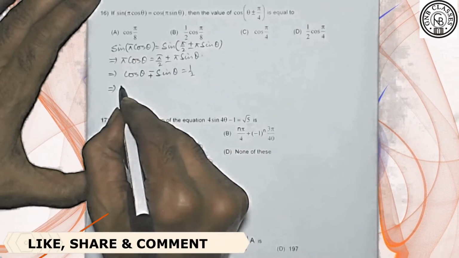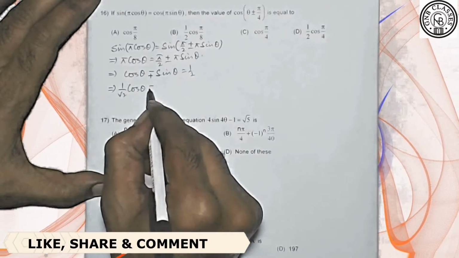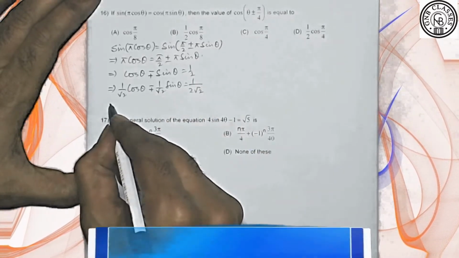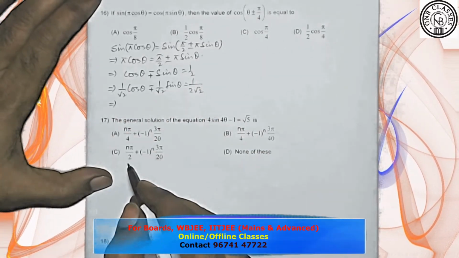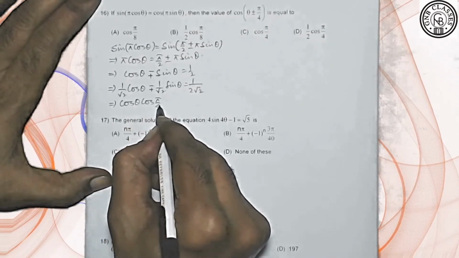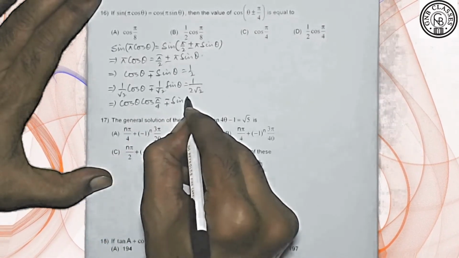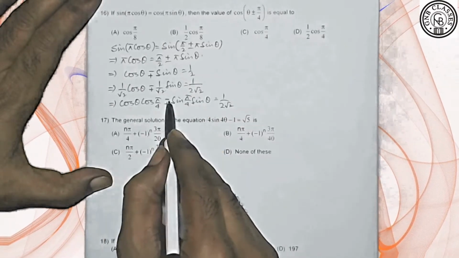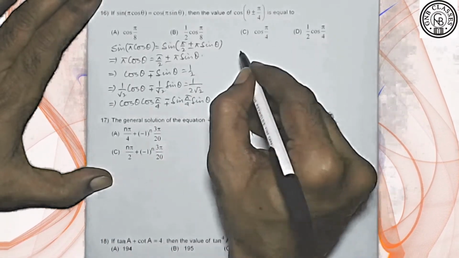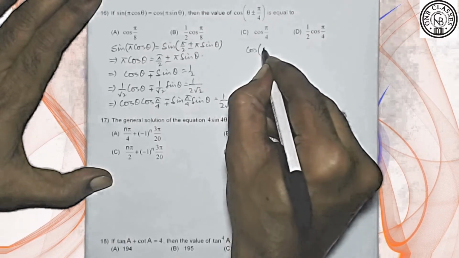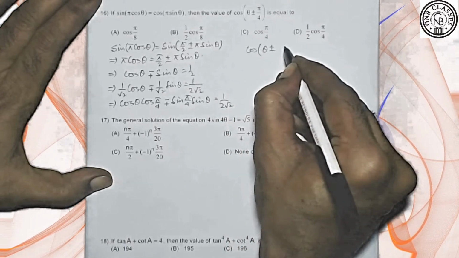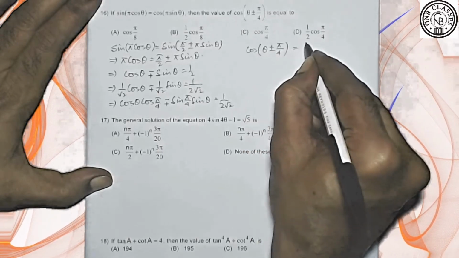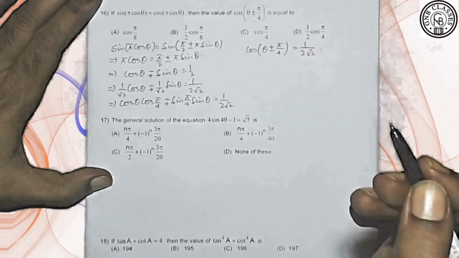Now this can also be written as, so we are having cos A cos B minus plus sin A sin B will give you cos A plus minus B equals to 1 by 2 root 2.